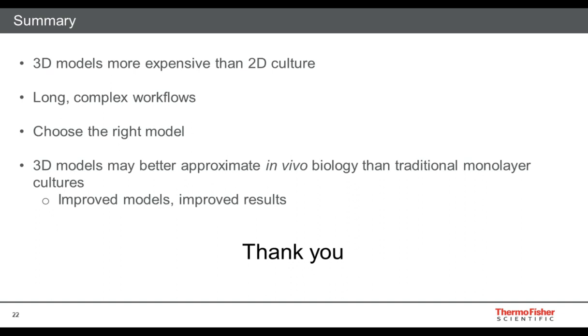And so pluripotent cell-derived 3D models have that same issue. However, putting them into 3D is reported to help improve the level of maturity and function that these cells can achieve in vitro, at least within a relative amount of time. Extended cell cultures may also help better mature these cells, but we don't always have the ability to culture these for 6, 8, 9, 10 months at a time for that to happen.